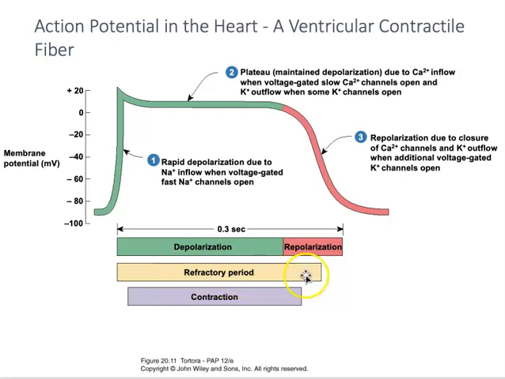This period also coincides with what's known as a refractory period. A refractory period means that no matter how much of a signal comes in, it won't cause another action potential to occur. And this is really important, because if you remember back to skeletal muscles, we could have tetanus of our muscles where they just clench and don't relax.